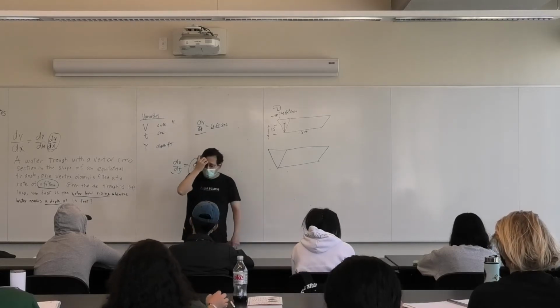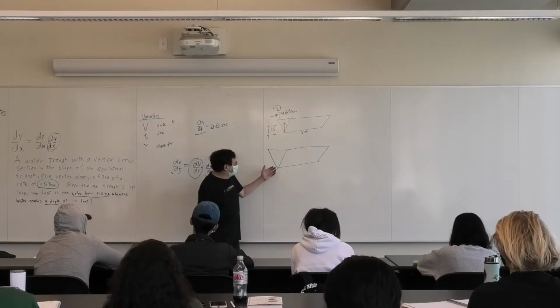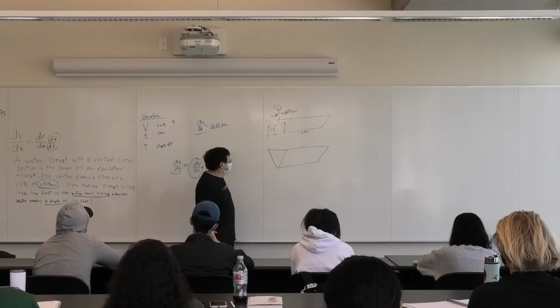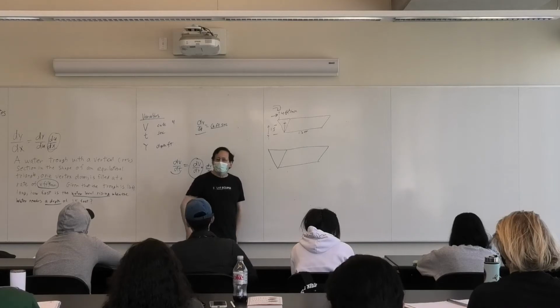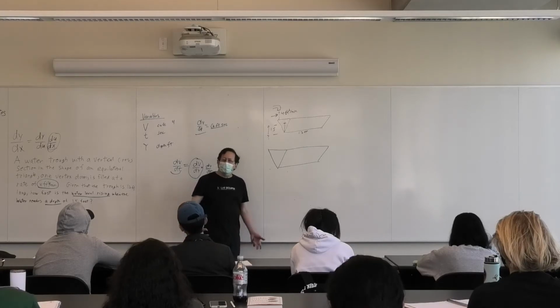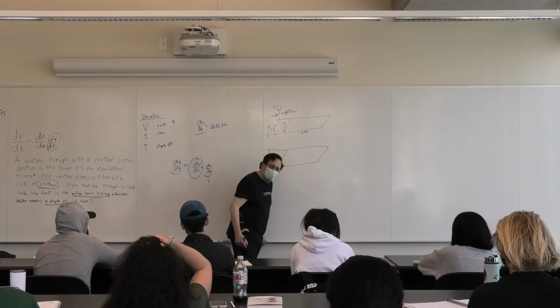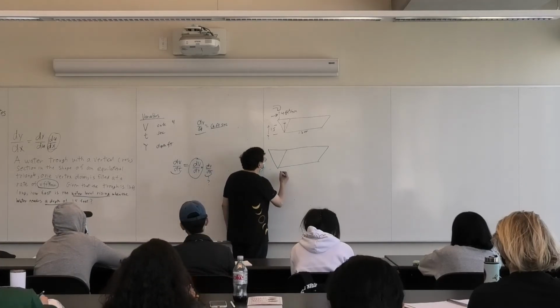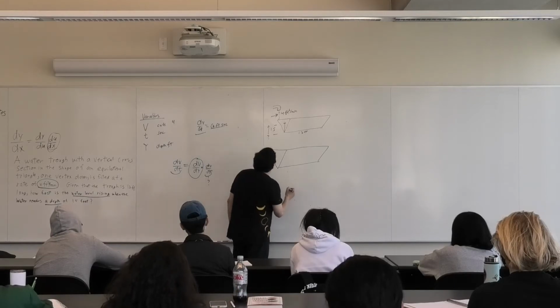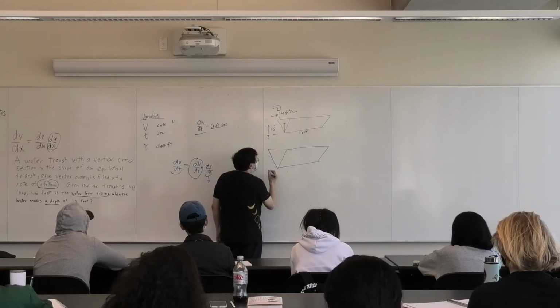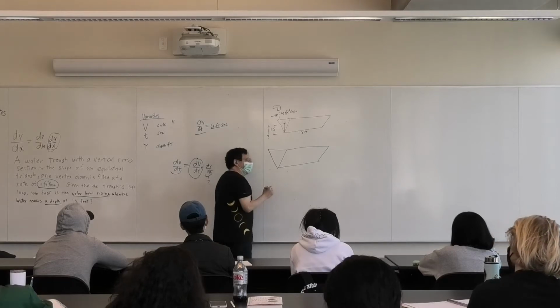Now I need to know the volume of a trough. Any kind of general thoughts on this? Yes? Can we just find the area of the triangle and then multiply it by the length? Okay. I guess the question is which triangle?